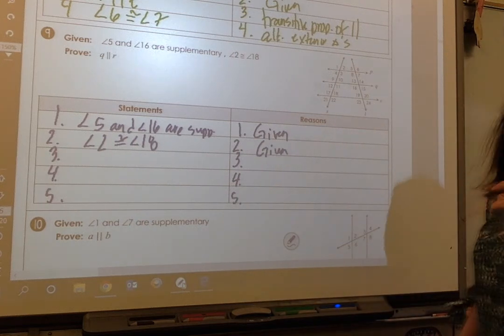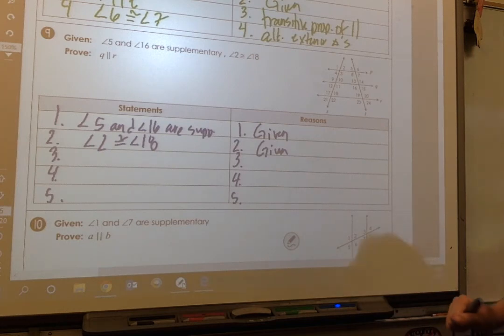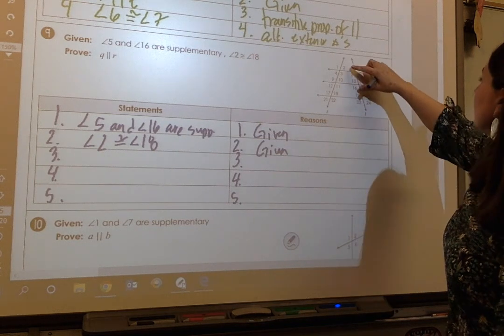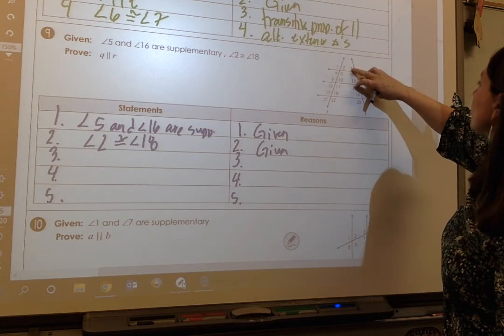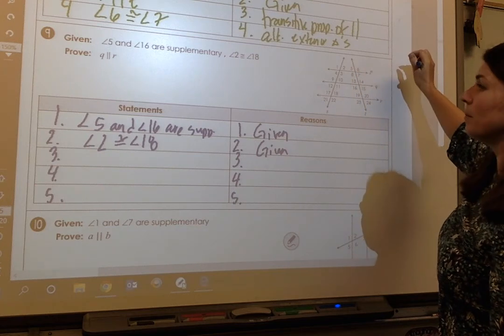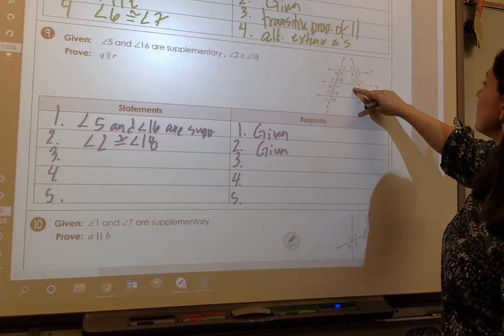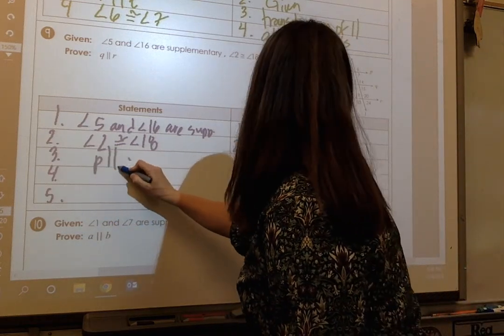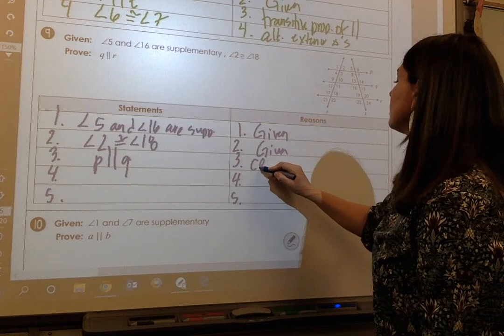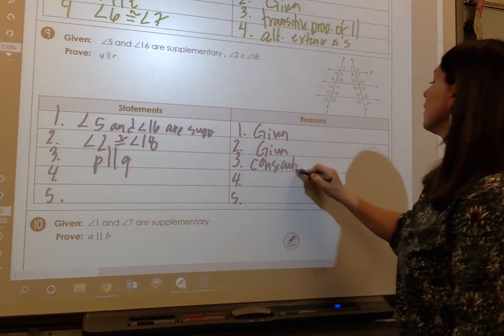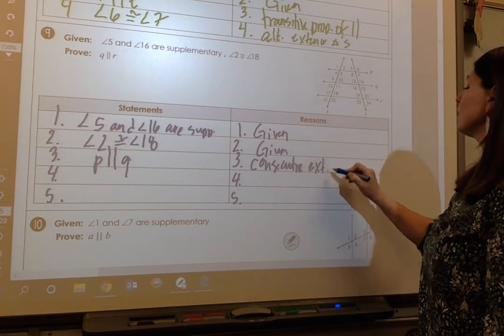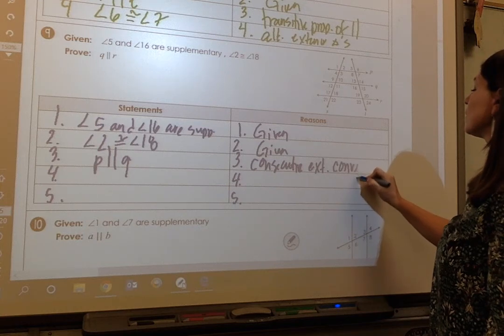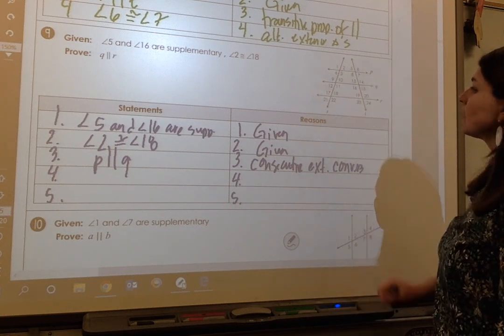Okay, so if I look at statement number 3, I can say that if 5 and 16 are supplementary, I can say that P is parallel to Q, and that's consecutive exterior converse. That allows me to make that statement.